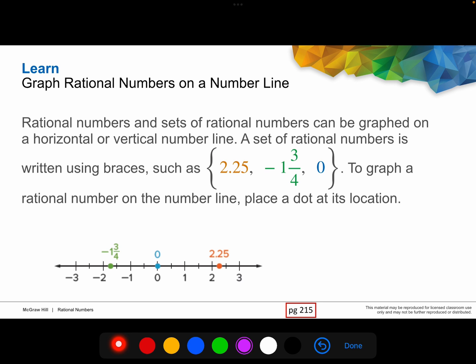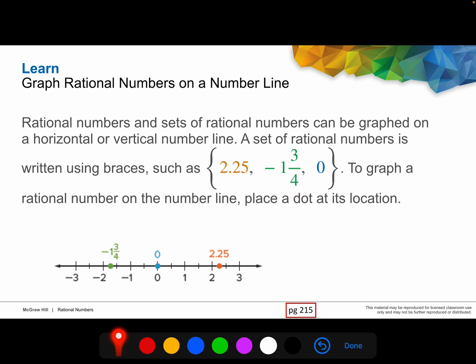Now, as I said, rational numbers and sets of rational numbers can both be graphed on a horizontal or a vertical number line. A set of rational numbers is written just like we did for the integers, using braces. So let's look at this set, which has -2.25, 2.25, -1/3, and 0.